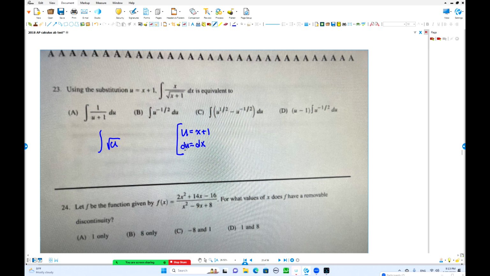Now replace dx with du. What about x? We have only x there. dx is replaced with du, x plus 1 is replaced with u, but what about x? From here we can switch the variable: x equals u minus 1. Usually this is called a change of variable.